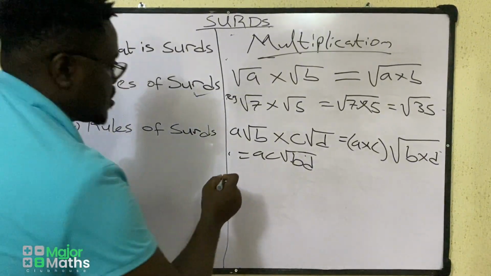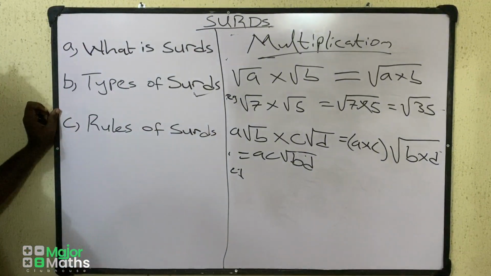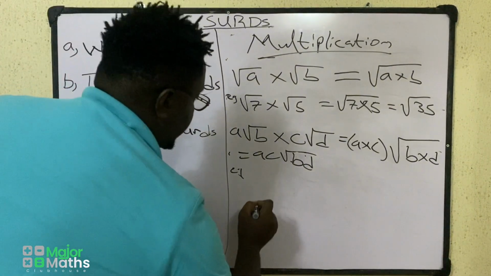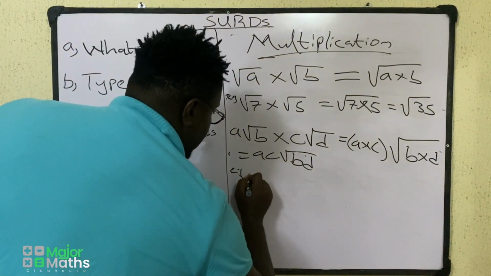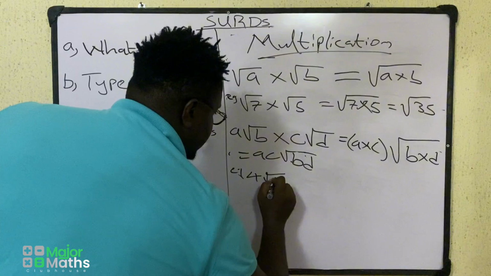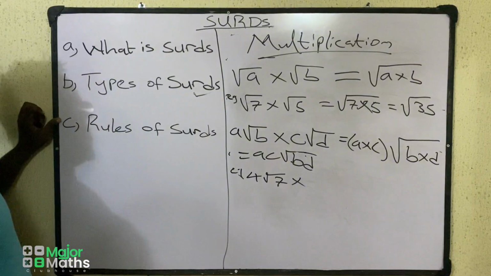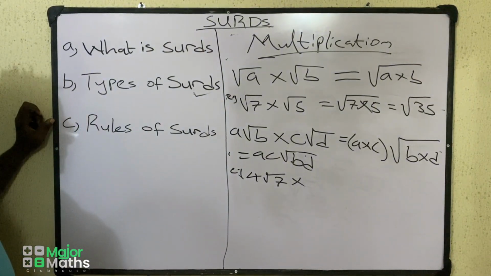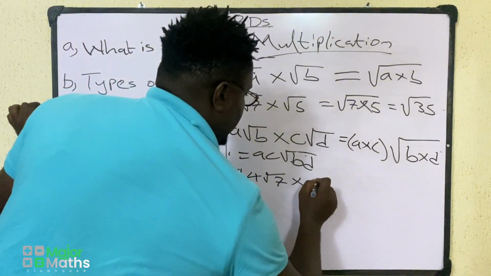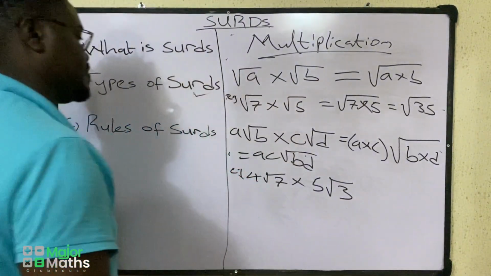So an example. Okay, so let's give an example of maybe 4 root 7 times 5 root 3.